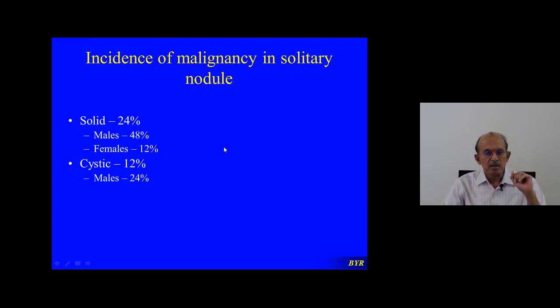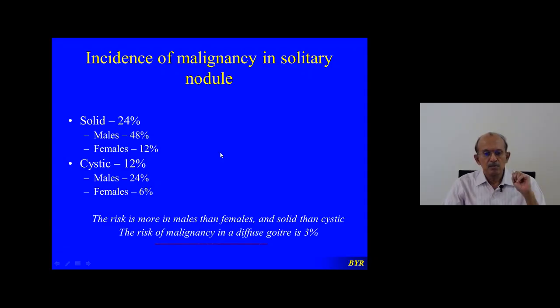Males 24%, females 6%. The risk is more in males than females, and solid than cystic. The risk of malignancy in a diffuse goiter is around 3%.